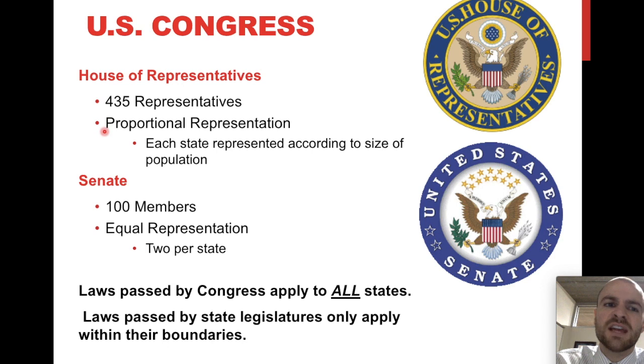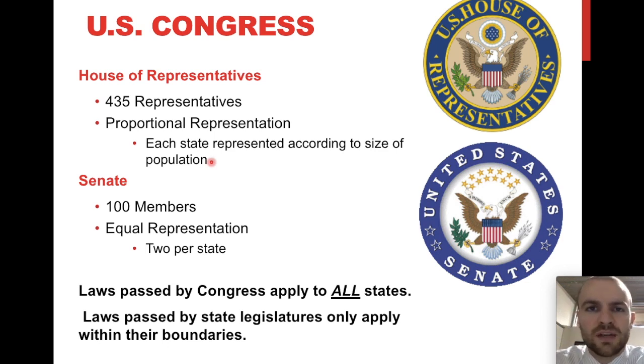And that's because the 435 representatives in the House of Representatives is based on proportional representation. What this phrase means is that each state is represented in the House according to the size of the population, not the size of the state. Let's take Illinois.